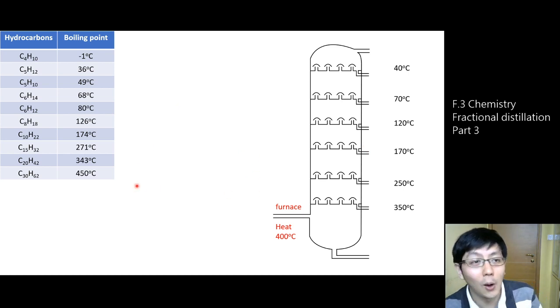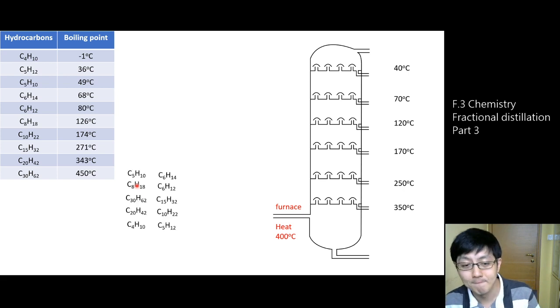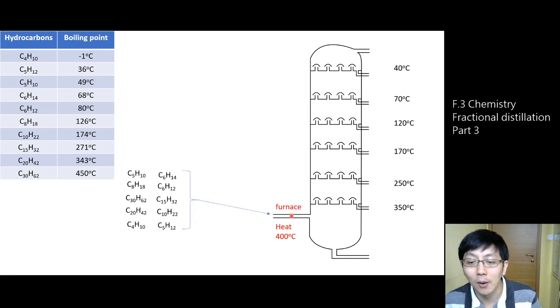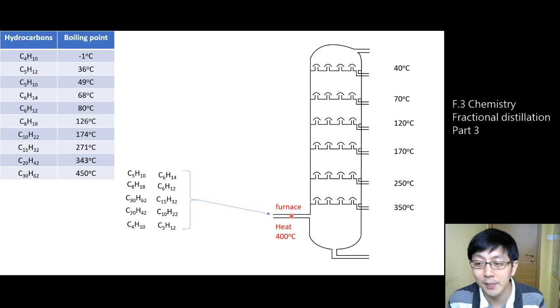So now I put the case again. Imagine I have these 10 hydrocarbons. I put them inside a fractionating tower. I heat them up at 400 degrees Celsius. So where can I find these hydrocarbons in different regions of the fractionating tower?